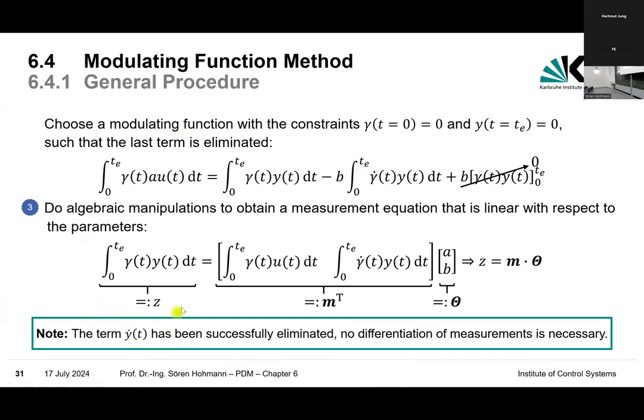But if we look at the final result, okay, derivatives of y have been eliminated. We have a simple situation. We can expect the very same as before. And again, the question, can we in general prove that this procedure produces some sort of consistent estimates?